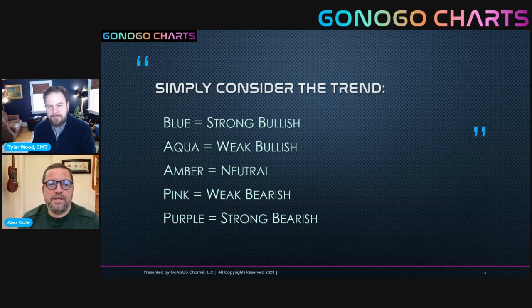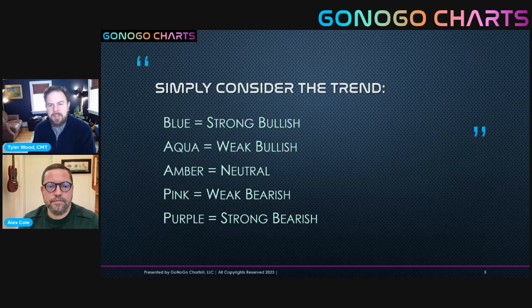And of course, the amber bars, those go fish bars, often in transitionary periods or in periods of markets that are going sideways, don't forget, that's when there aren't enough conditions being hit in either direction to identify a go or a no-go trend. So those amber bars represent market uncertainty.